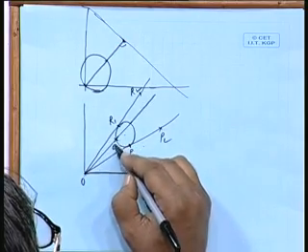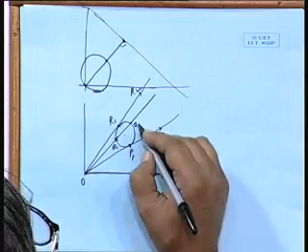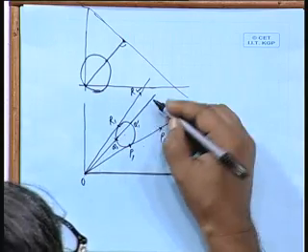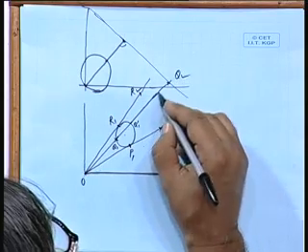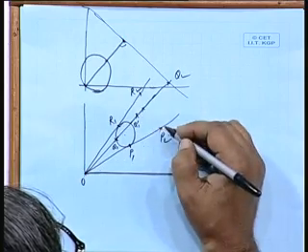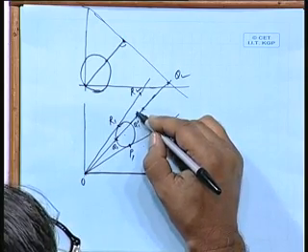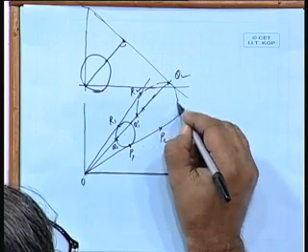Suppose this is Q1 and Q1 dashed, then Q1 will have its counterpart Q2 and Q2 dashed somewhere here. You will find, we will prove it, they will again form another circle.